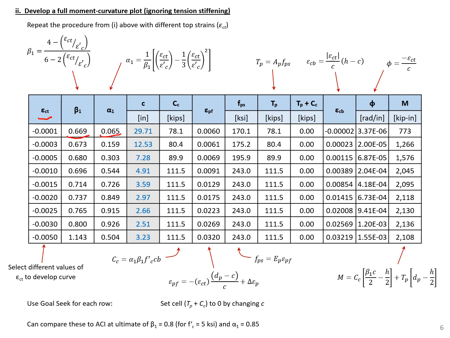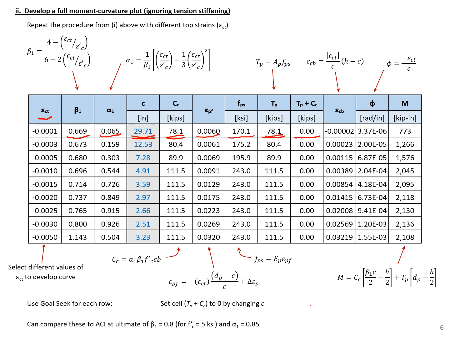Next, we need to guess a C value, and we can calculate the compression force, the strain in the pre-stressing, the stress in the pre-stressing, the force in the pre-stressing, and then for that C, add the force in the pre-stressing to the force in the steel, and see how close it is to 0.